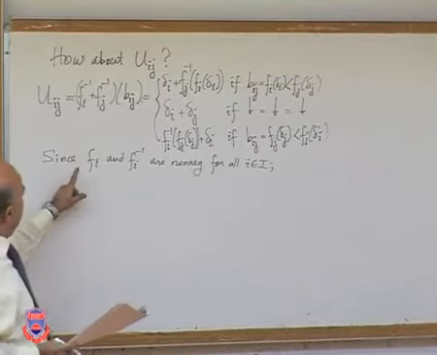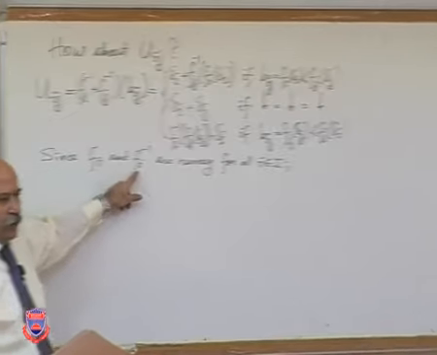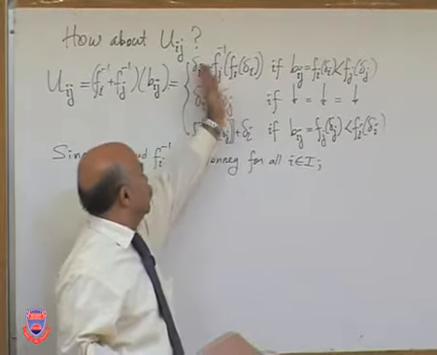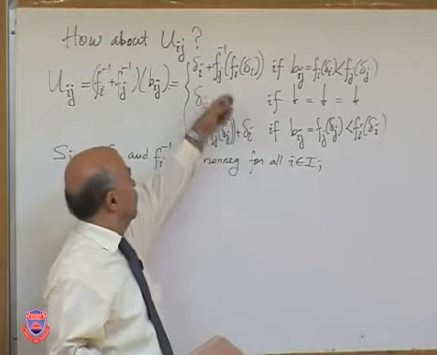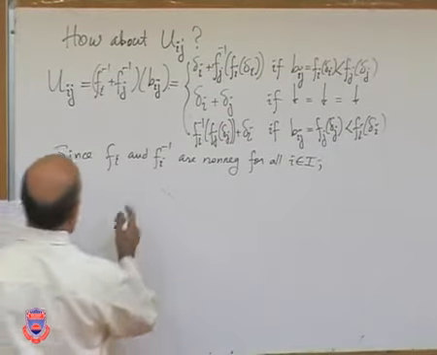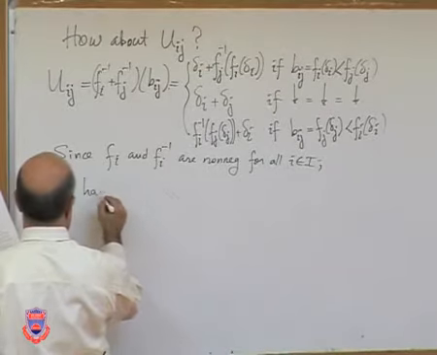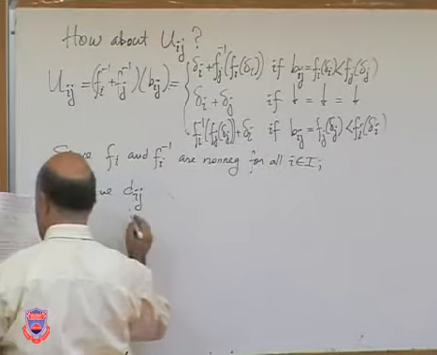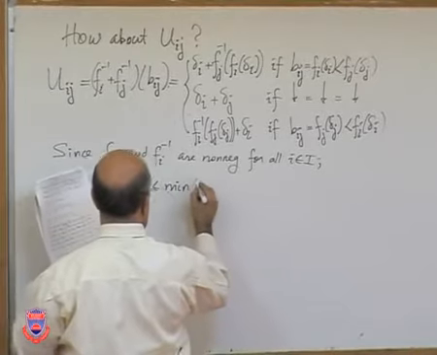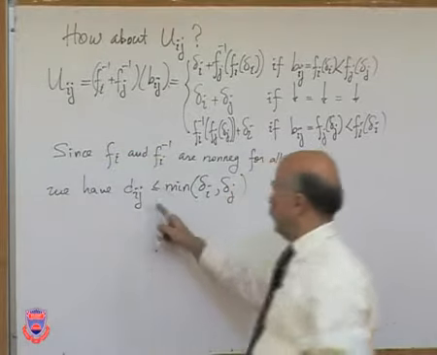Now, here we know that Fi is a non-negative valued function, which means its inverse is also non-negative valued, which means that when you simply drop the complicating parts, you will have the following. The distance Dij will be less than or equal to the minimum of delta i and delta j. Anybody agreeing with that?